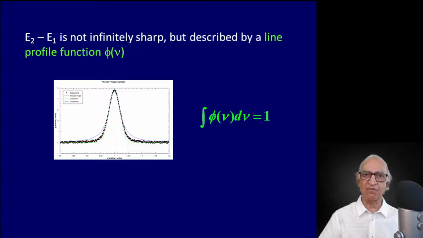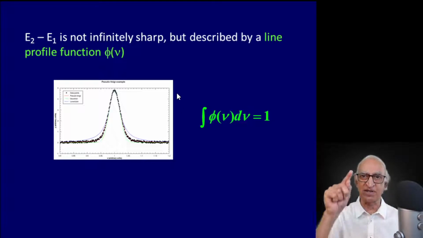Now, please remember that although I draw E1 and E2 as sharp energies, these energies are never sharp unless it is the lowest energy level. There are various reasons why the energy levels are not sharp. And if they are not sharp, when an atom or a molecule jumps from upper level to lower level, it will not emit precisely the frequency nu such that h nu is equal to E2 minus E1.